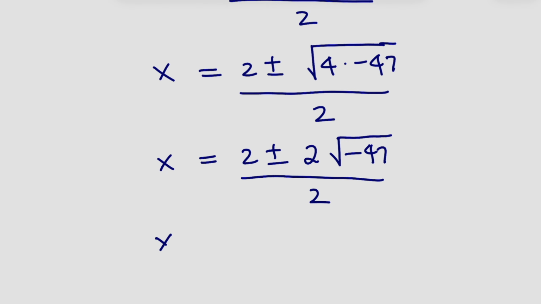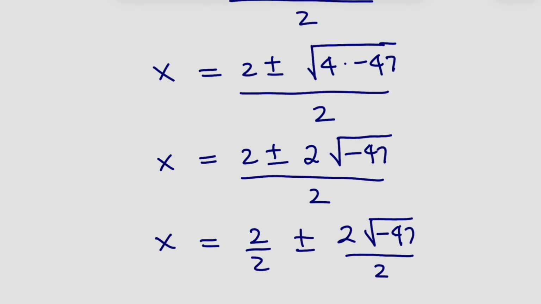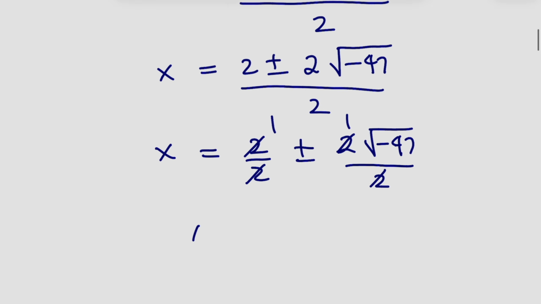We can separate this into x is equal to 2 divided by 2 plus or minus 2 root negative 47 divided by 2. 2 here is 1, 2 here is 1. So x is equal to 1 plus or minus the square root of negative 47.